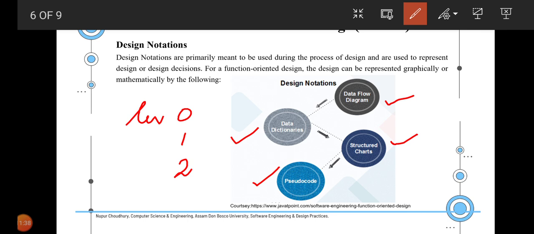The second one is the data dictionary. So data dictionary, as the name suggests, is basically a dictionary which will be taking care of all the references and details regarding the data that each of the functions is working upon. For example, suppose I am developing a calculator.